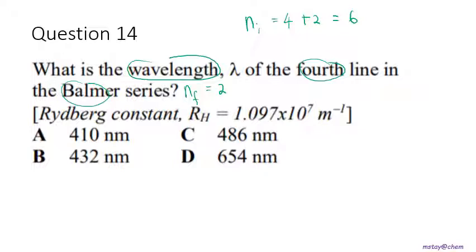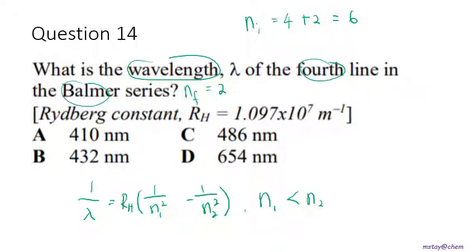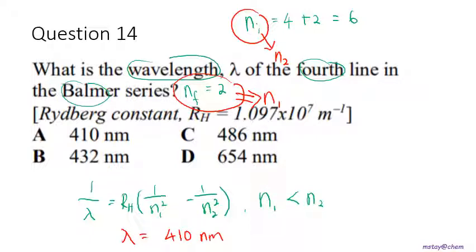Because we want to determine the wavelength, we are going to use the formula 1 over wavelength equals RH times (1 over n1 squared minus 1 over n2 squared), where n1 is always less than n2. Therefore, in this case, n final is referred to as n1, while n initial is referred to as n2. So press the calculator, you will get the answer 410 nanometers.